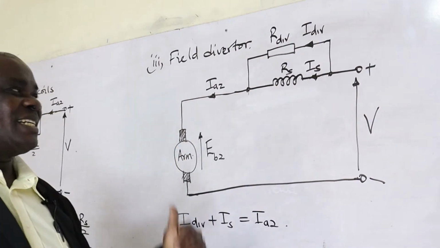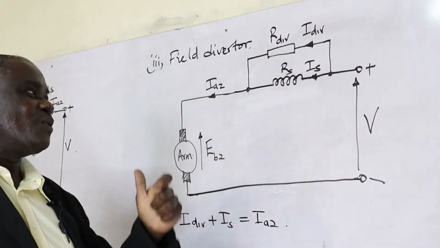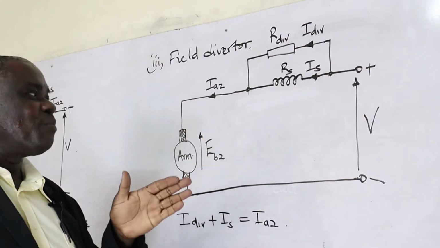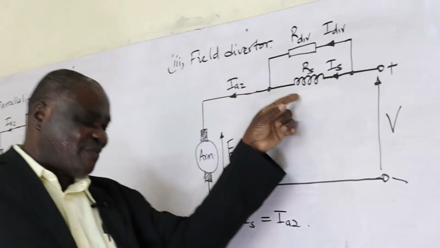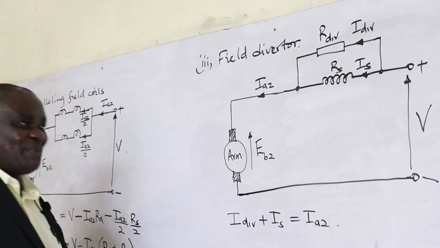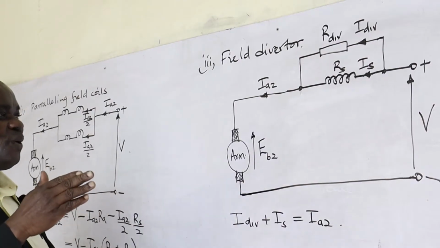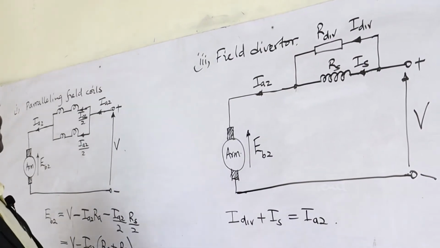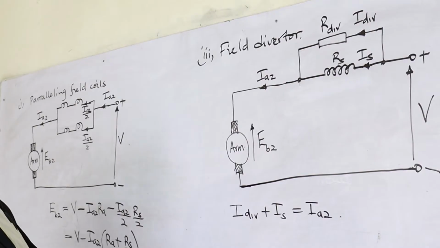That is what we are interested in, because that is what will be proportional to our field flux when that connection is made. So we need to know what will be proportional to phi 2.